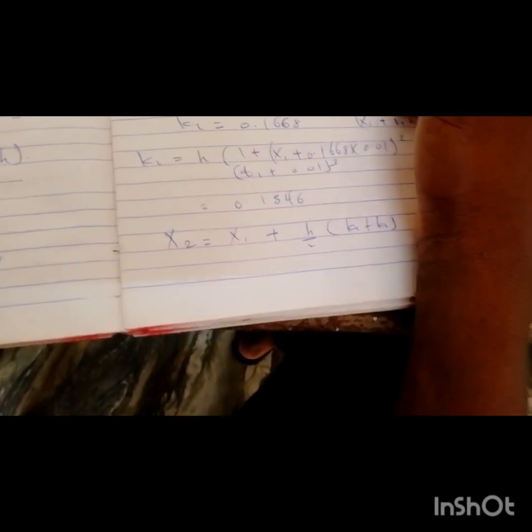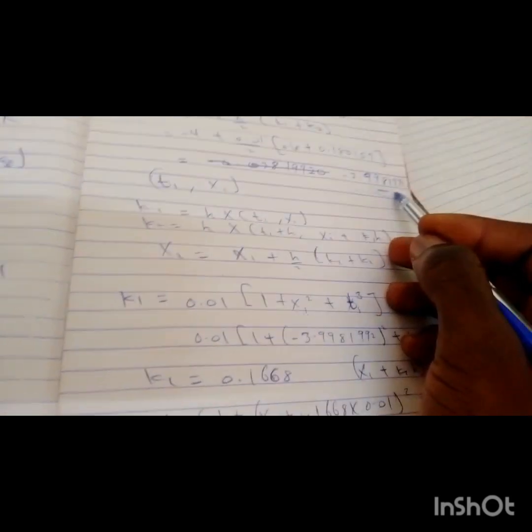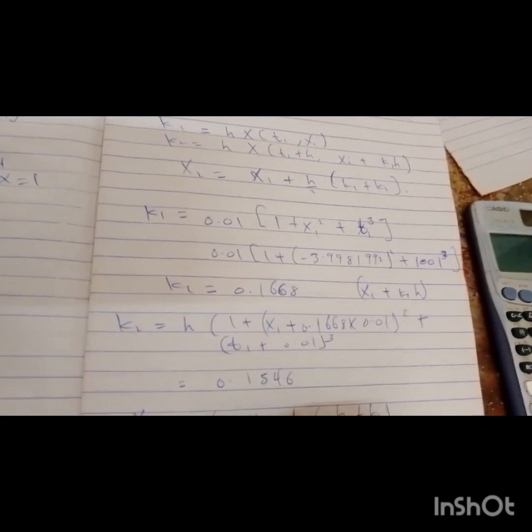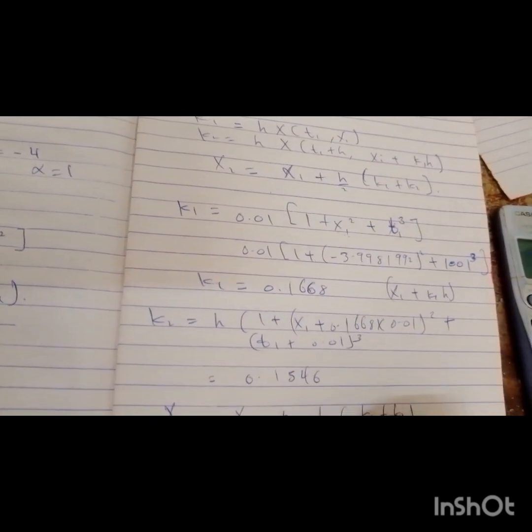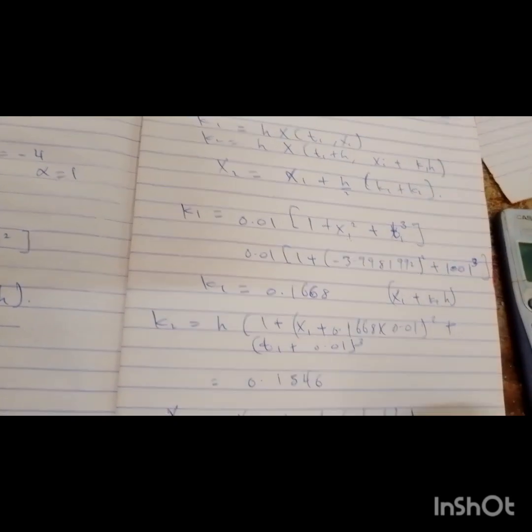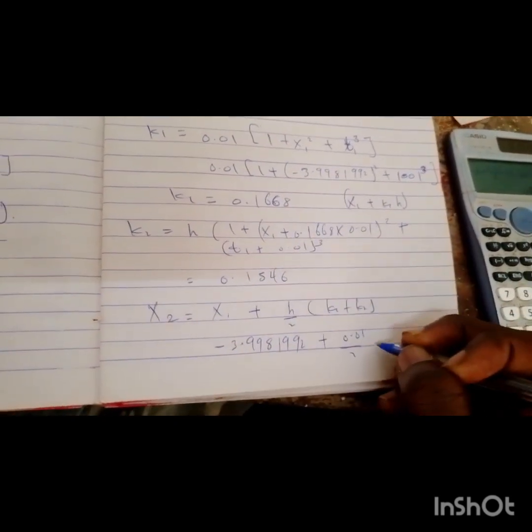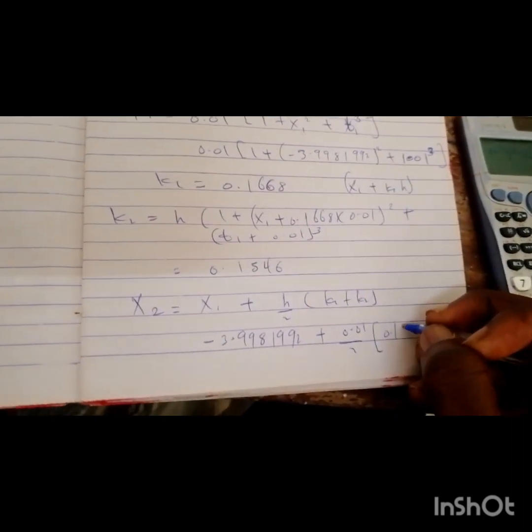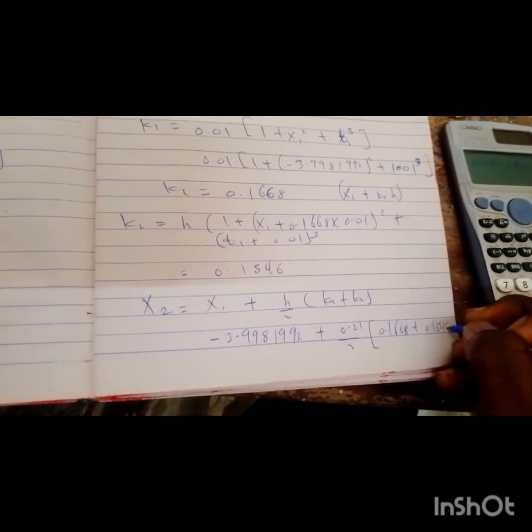We had our x1 from the previous step, which was negative 3.9981992, plus h/2, so 0.01 over 2, multiplying 0.1668 plus 0.1546.